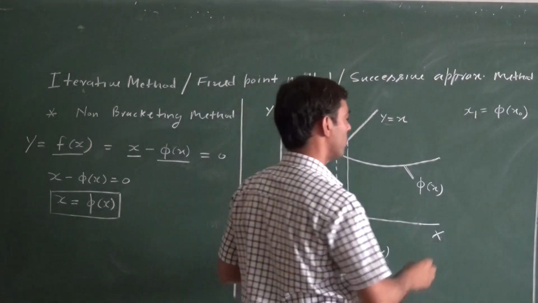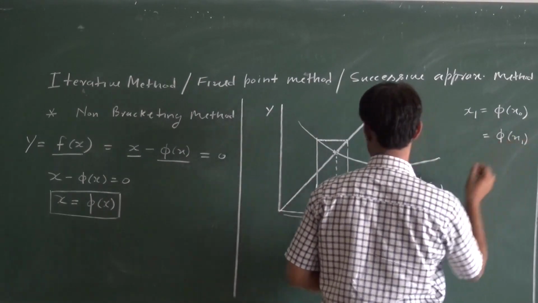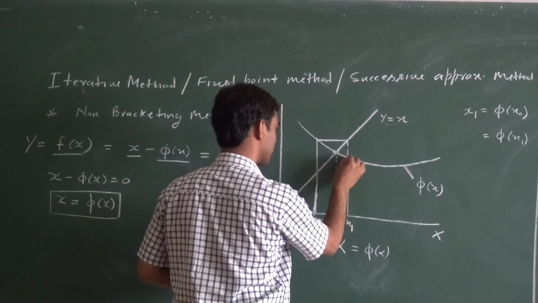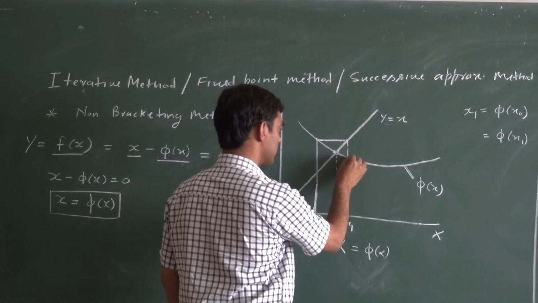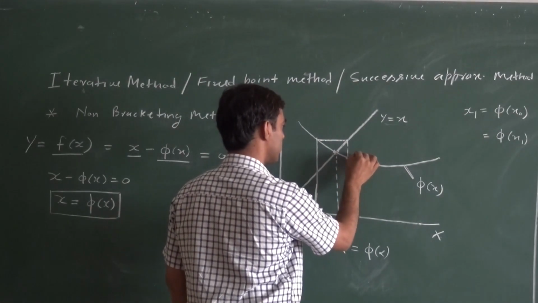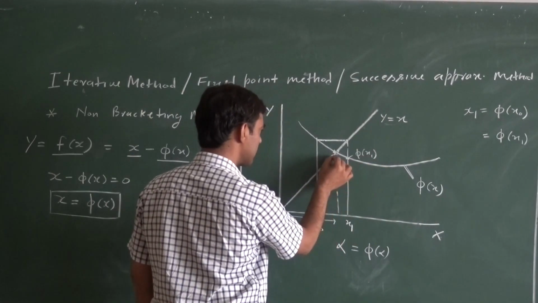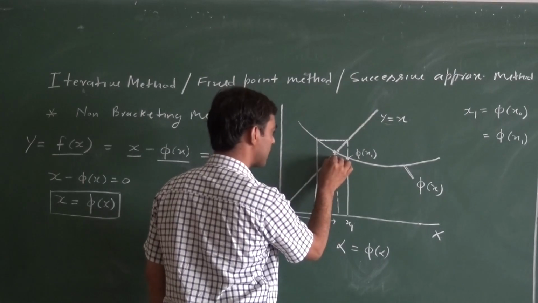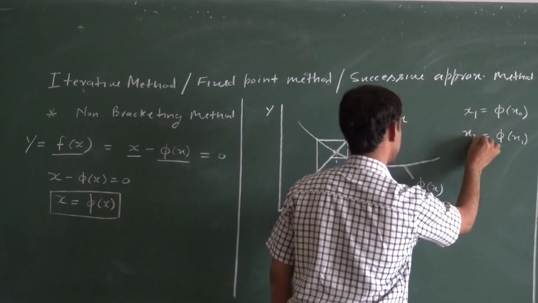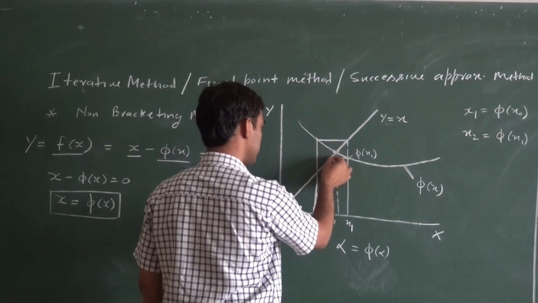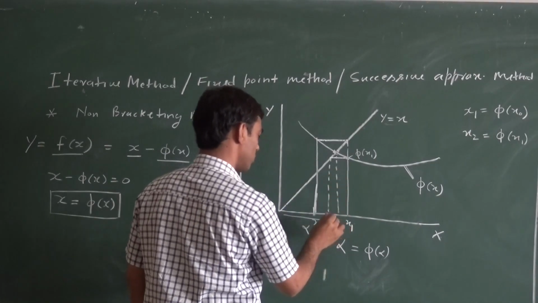Now at x1, suppose the value of the function is phi(x1). Now, the point of intersection of this with y equal x is nothing else but the second approximate root, x2.